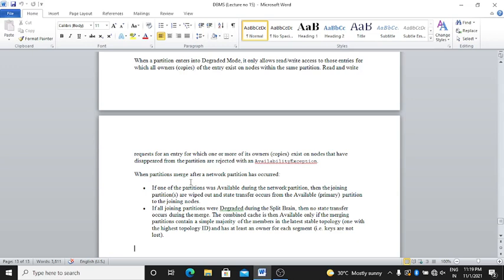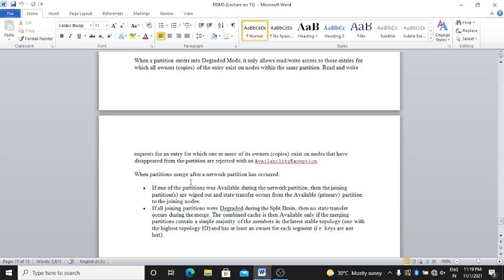When partitions merge after a network partition has occurred, if any one of the partitions was available during the network partition, then the joining partitions are wiped out and state transfer occurs from the available partition to the joining nodes. If all joining partitions were degraded during the split brain, then no state transfer occurs.